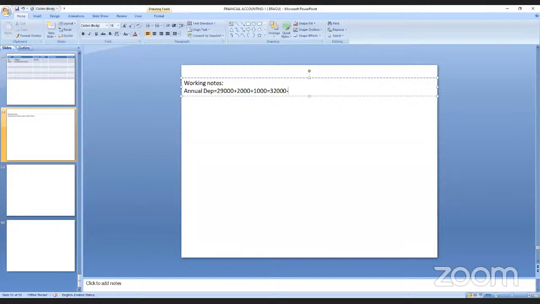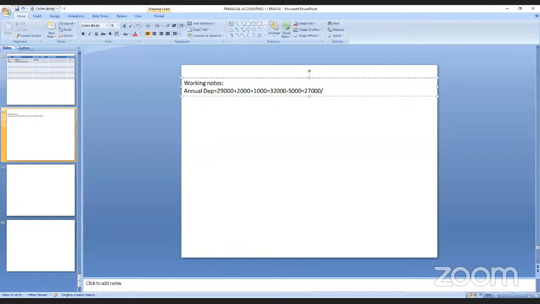Ma'am, Zainab, it is not from your textbook, beta. I am following my textbook. So minus the estimated scrap value of 5,000. 32,000 minus 5,000 is 27,000.